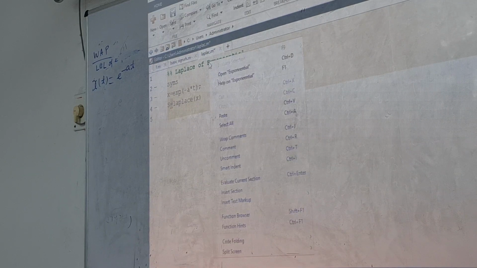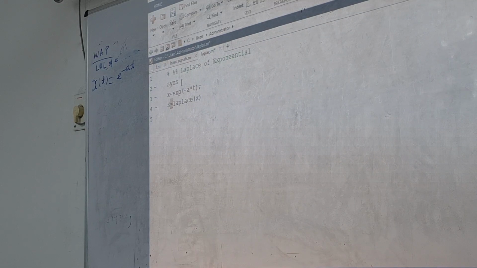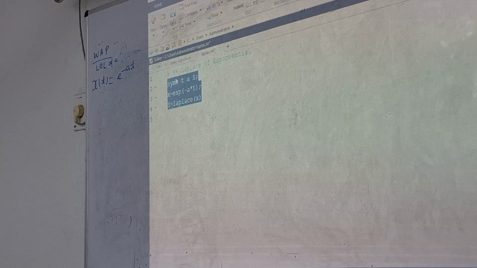That's why you have commented it. SYMS t, small t, a. And capital L is not applicable, it is case sensitive for the L. Then run it.